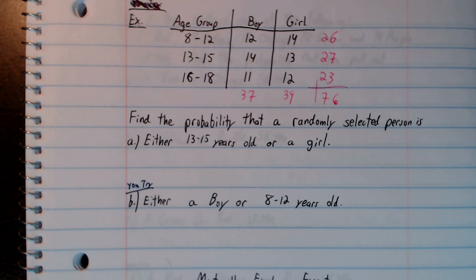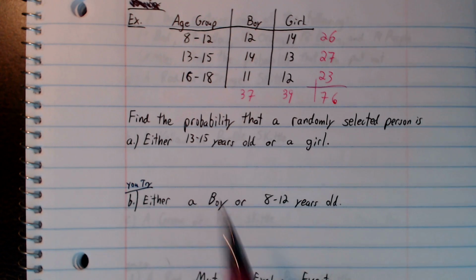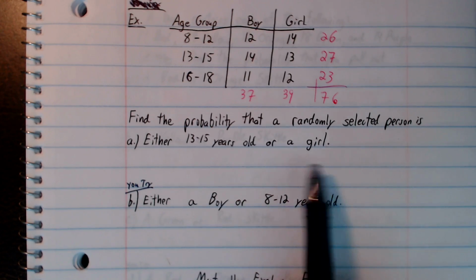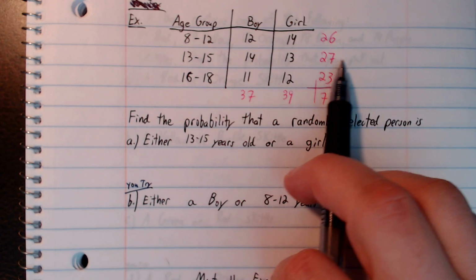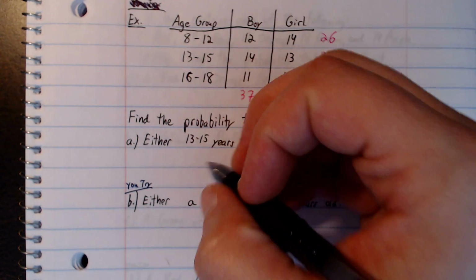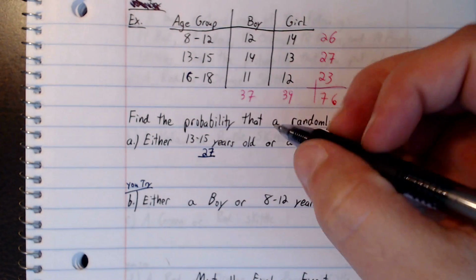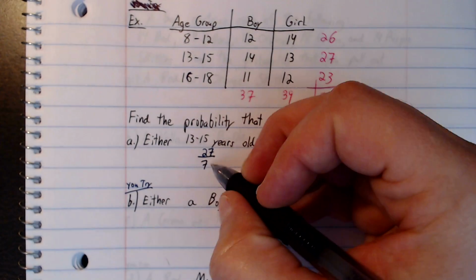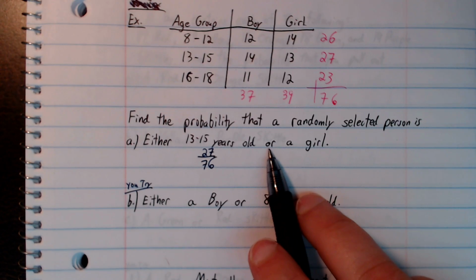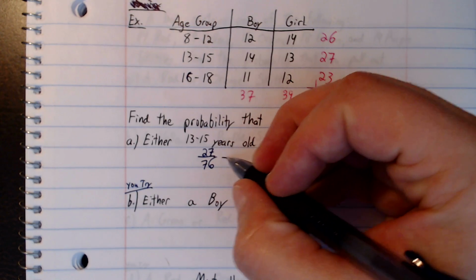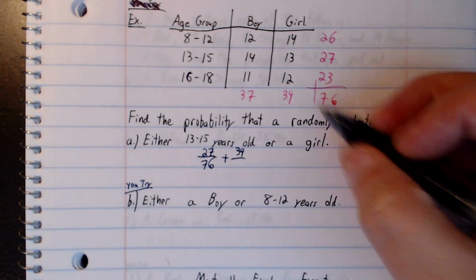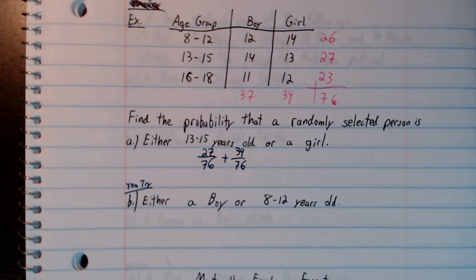That really helps when we start looking at some of these questions. This one says either 13 to 15 years old or a girl. So when we look at the 13 to 15-year-old category, there's a total of 27 children in that category out of 76 total. Then you have the or a girl option. Right here we have the total of girls is 39 out of the total number of 76. But there's that intersection again.